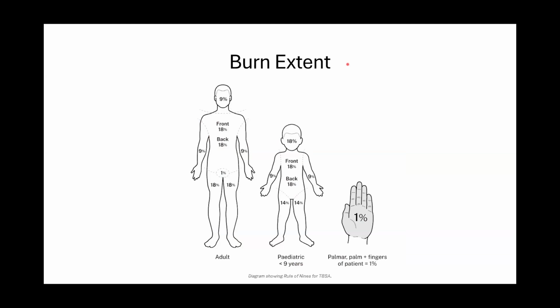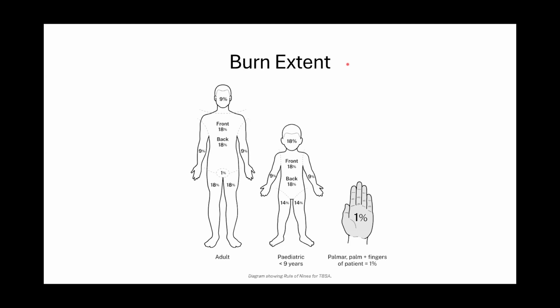So this is just representative of the concept of the rule of nines, but you will see different versions of this. In this case, an adult, the head is going to be 9%. You're going to have the front of the body being 18% of the body surface area, with the back being another 18%, 9% for each arm, 18% for each leg, 1% for the groin area.